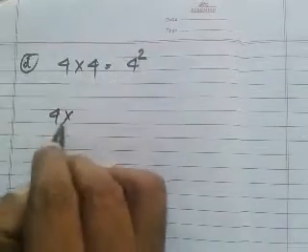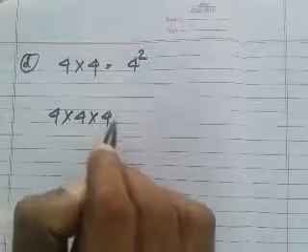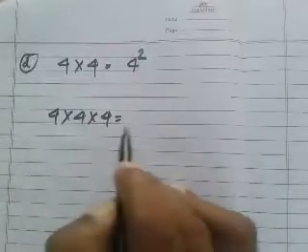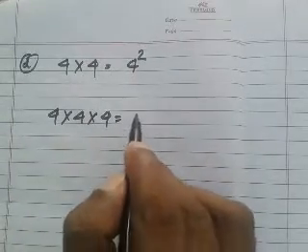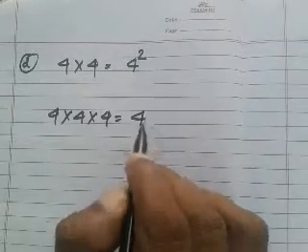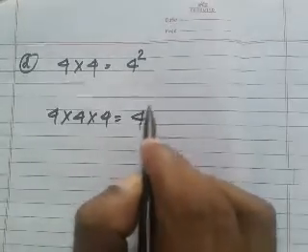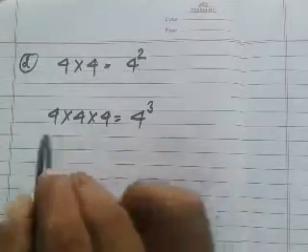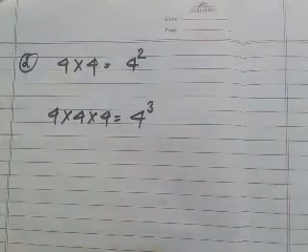Another number is 4 multiply 4 multiply 4. It is repeated 3 times, so the base is 4 and its power is 3.